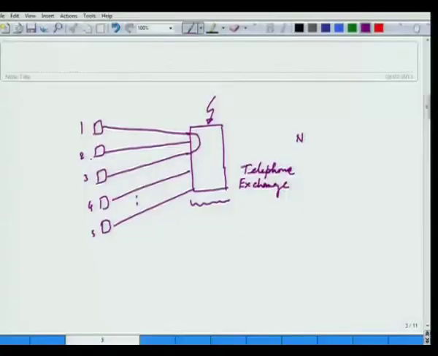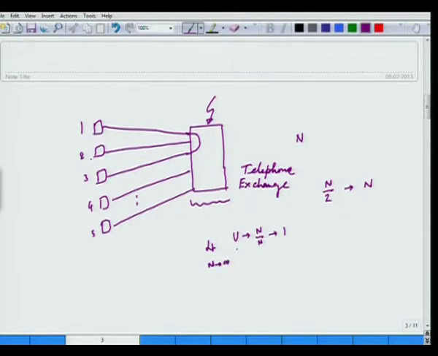Now, if all users talk all the time for all 24 hours, then what will happen? You will find that for n by 2 possible communications, n links will be consumed, and there are only n links. So, utilization will be n by n, which goes to 1 in the limit when n goes to infinity.